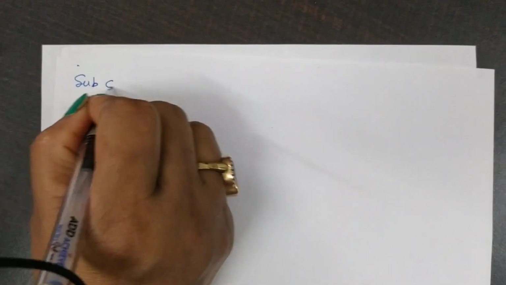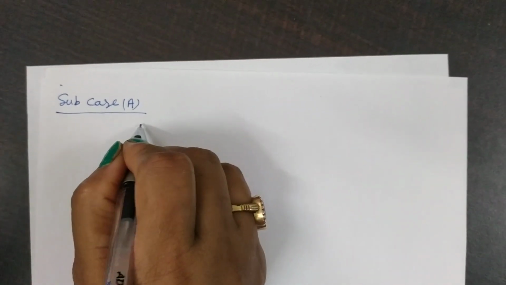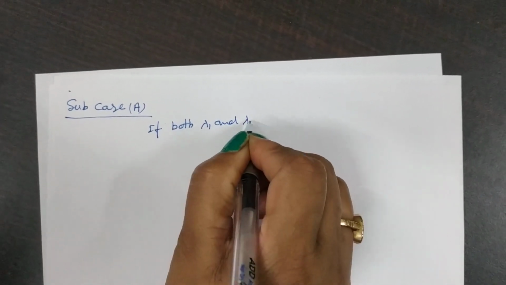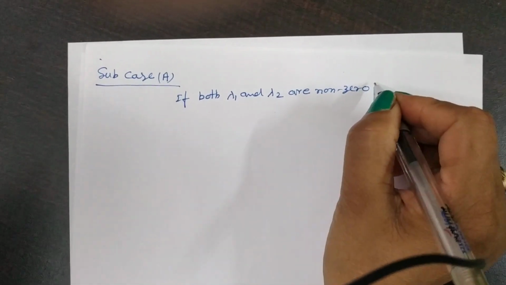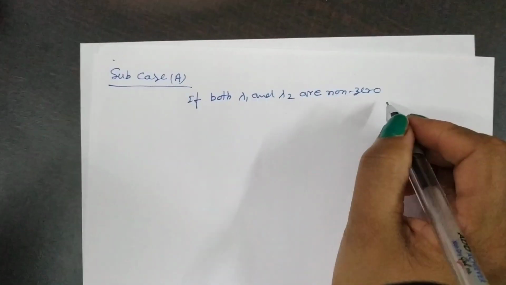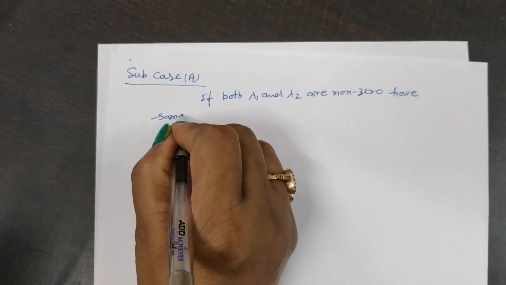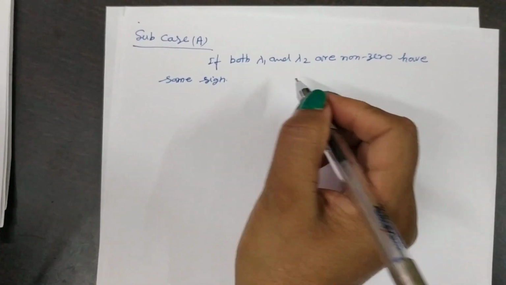That is subcase A. If both lambda 1 and lambda 2 are non-zero and have the same sign, that is, plus plus or minus minus.